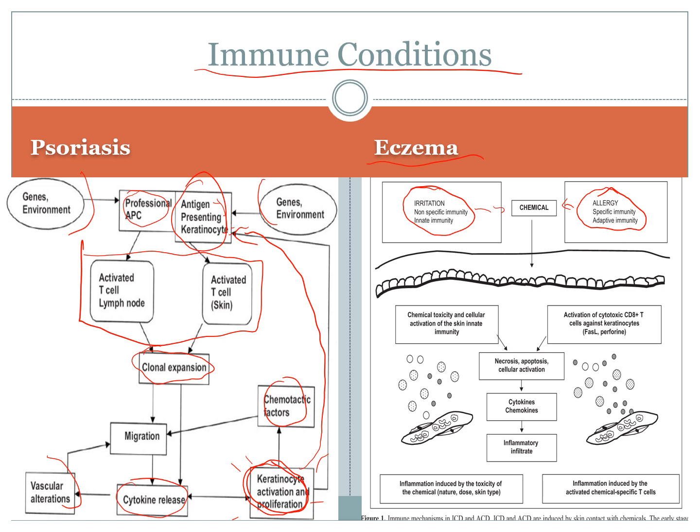But either way, it starts with some form of chemical exposure to the skin, which will either cause the activation of your cytotoxic T cells or the cellular activation of the innate immunity. So you'll either have innate immunity or adaptive immunity, which will cause cellular changes of the skin.